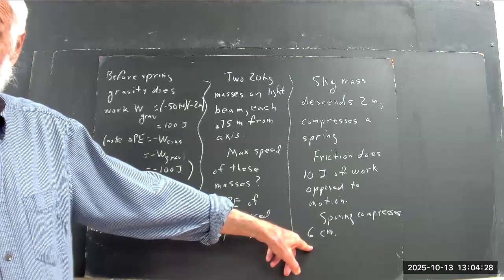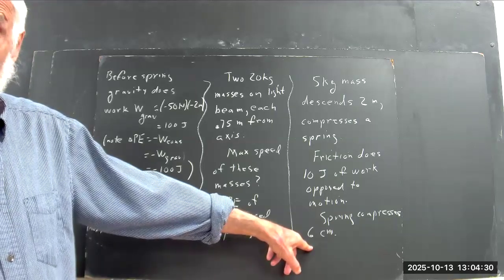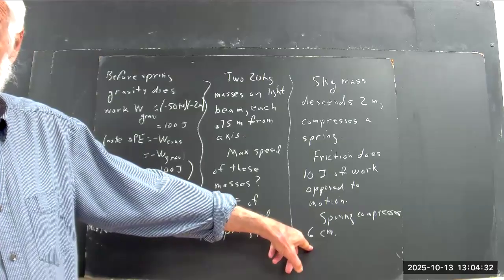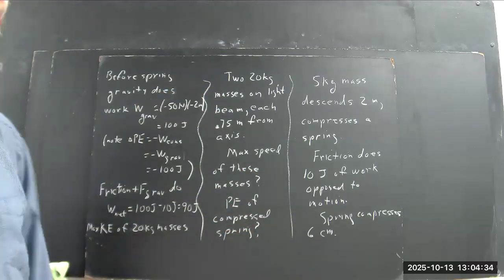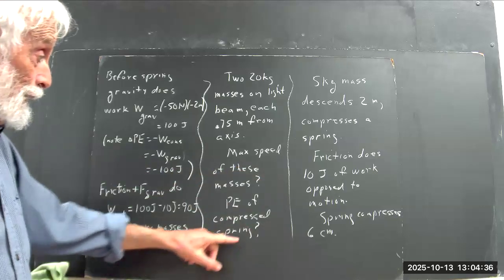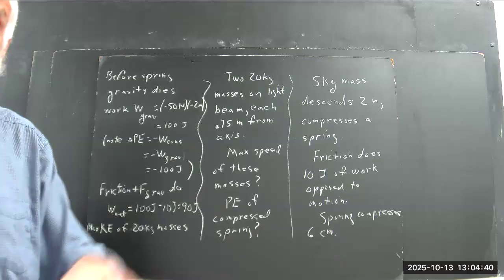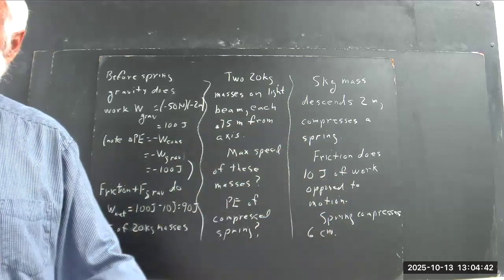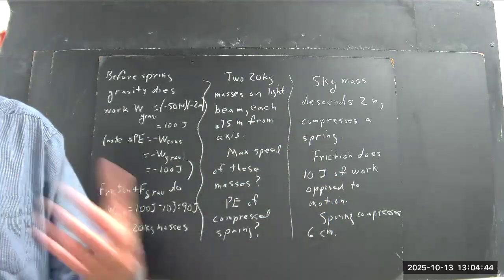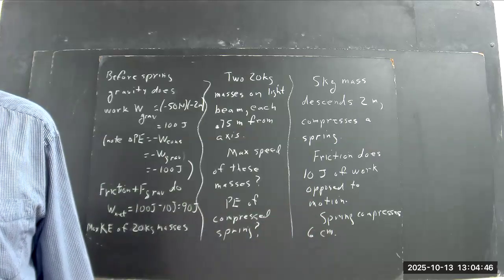So we still don't need to calculate anything at all regarding the spring to answer this question. And then we get into spring potential energy, because that's something I think you might be a little less familiar with in working kinetic energy.